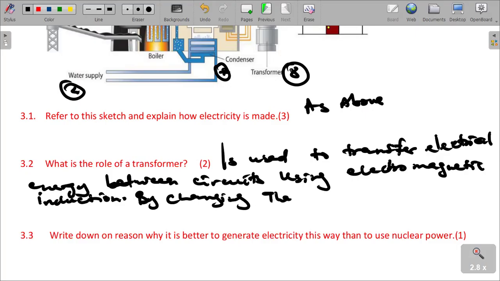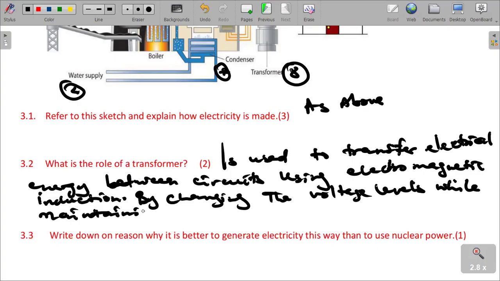Maintaining the frequency is one key thing that we need to understand.